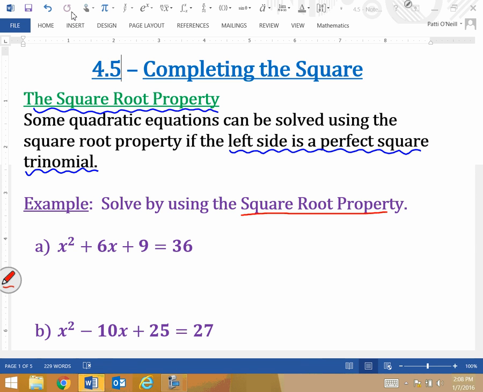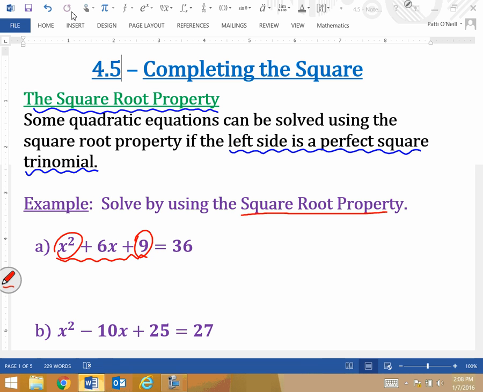So the first thing we have to assess is whether the left-hand side of our equation is considered to be a perfect square trinomial. We do not, in these situations, have to have our equations set equal to 0 like we've had to do with graphing and factoring. We look at the left-hand side and assess whether the first term is a perfect square and the last term is a perfect square.